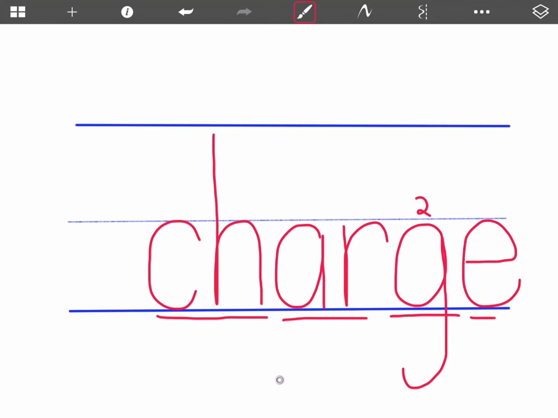We double underline the silent final E and put a small 3 by it, indicating that it's the third rule and it's a rule breaker. We're going to draw an arrow from the silent final E to the G, indicating it is making that letter say its second sound. So remember, this is the CG Rule 3.